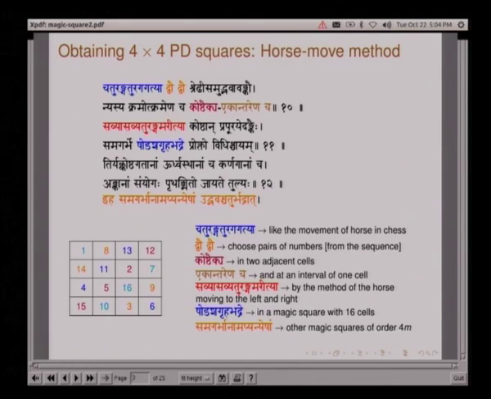Having placed the 8 here, once again I moved down, and then 9, 10, 11 and 12 were placed in a sort of clockwise direction. I would like you to note the relative positions of 4, 5 and 8, 9 in the case of a 4 by 4 magic square.